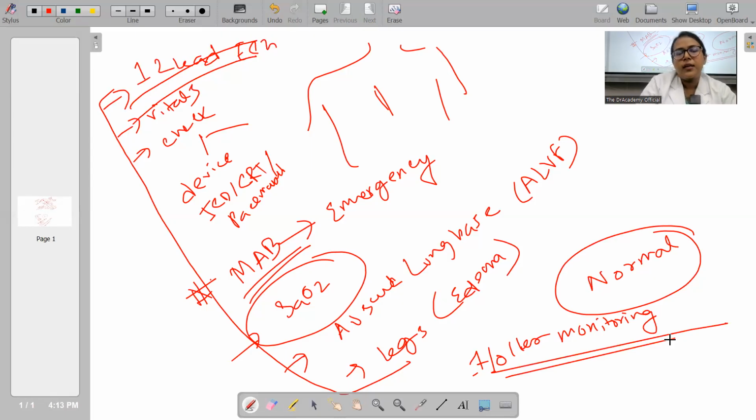So can anybody tell me what is the commonest manifestation of cardiac arrhythmia? Commonest complaint, physical complaint. Palpitation, okay. Second one? Shortness of breath, excellent. And third one?